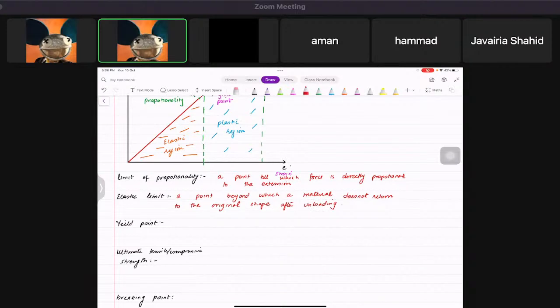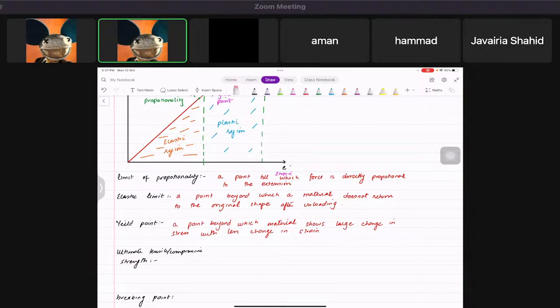Okay. Then comes yield point, a point beyond which the material shows large change in strain with less change in stress.